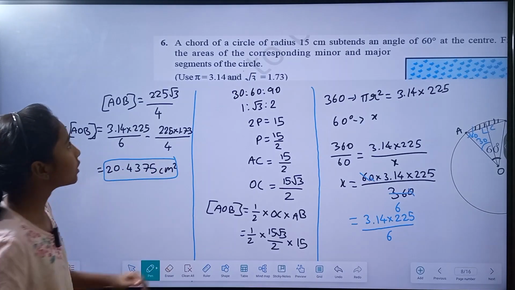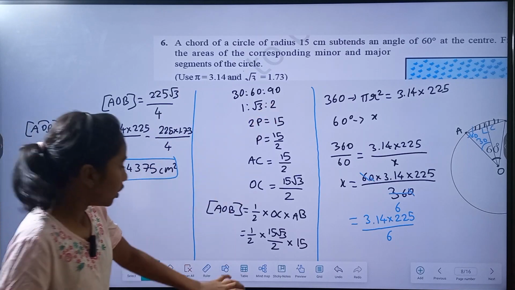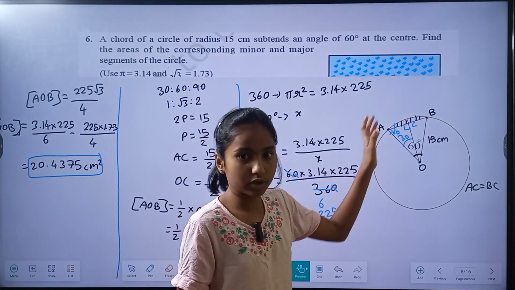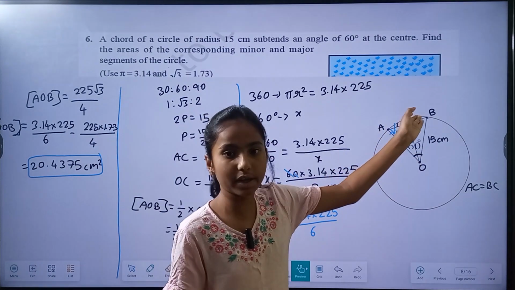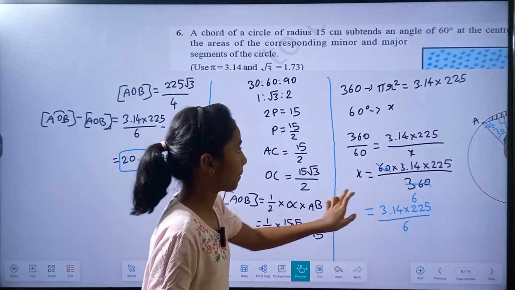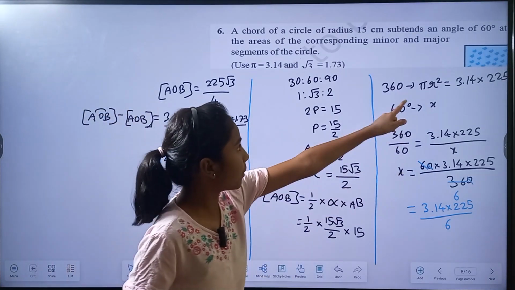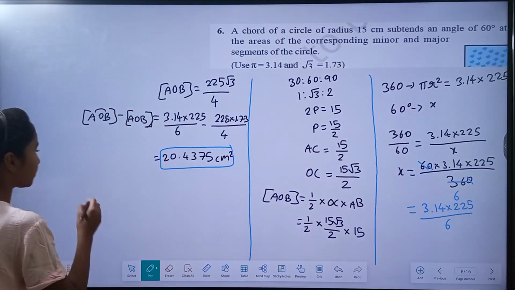They are also asking to find the major segment. The major segment is the total circle area minus the circular segment AB. We know total circle area equals 3.14 into 225.